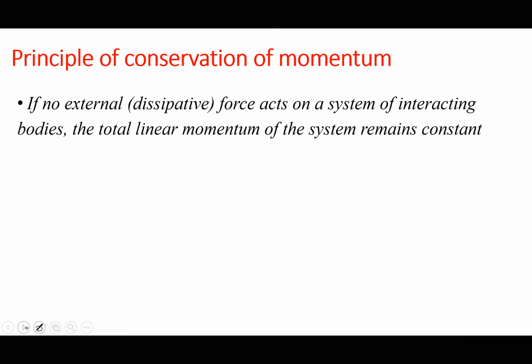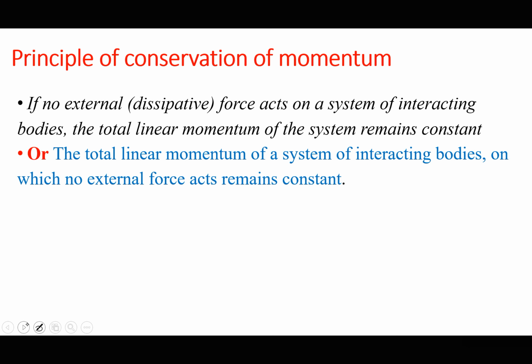Many students say conserved, which is not always credited, so we say it remains constant. Or we would simply state this as: the total linear momentum of a system of interacting bodies on which no external force acts remains constant.